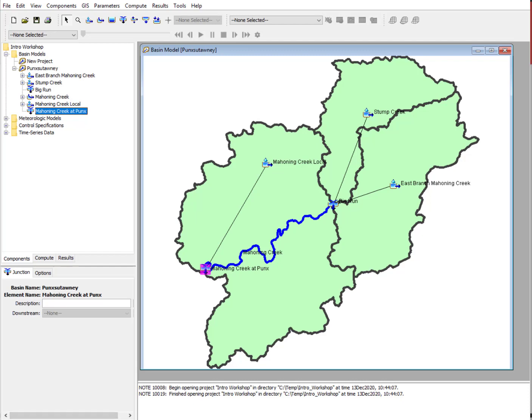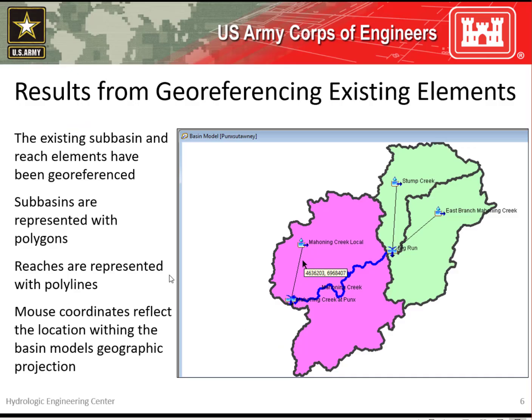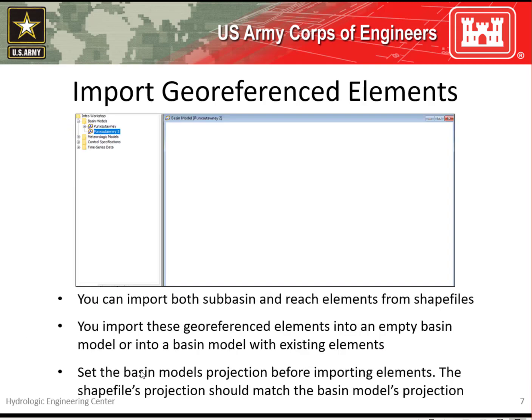Now let's talk about importing information from shapefiles. All right, so now you can start with an empty basin model. So there's no elements defined in this basin model. And there's a tool that will allow you to bring in GIS elements, either subbasins or reaches, from shapefiles.